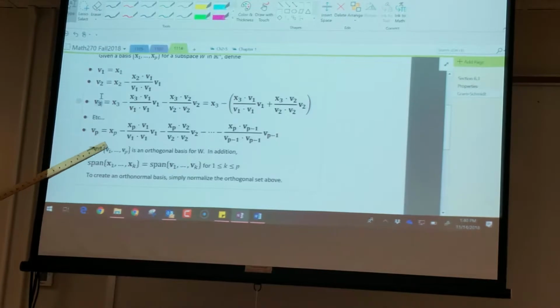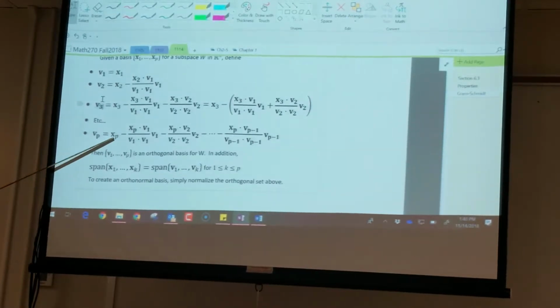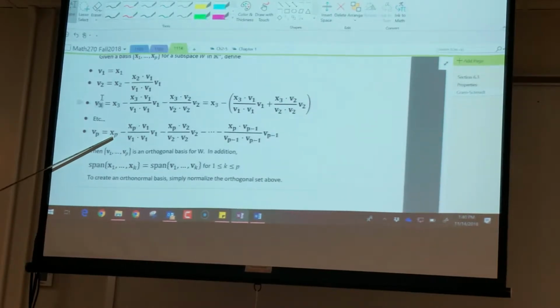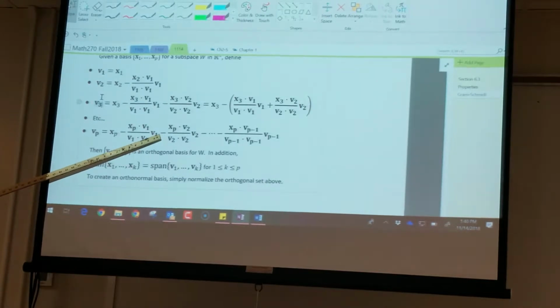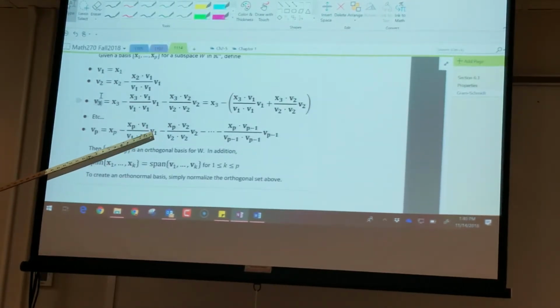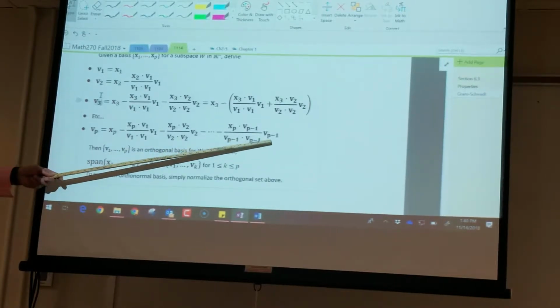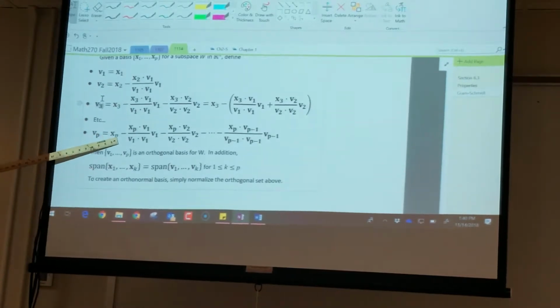And if you look at the general term, this is the new vector XP. That's your new vector that's not projected yet. You've so far created an orthogonal space, with orthogonal vectors V1, V2, all the way to VP minus 1. You've created that subspace, and now you want to project XP onto that subspace.